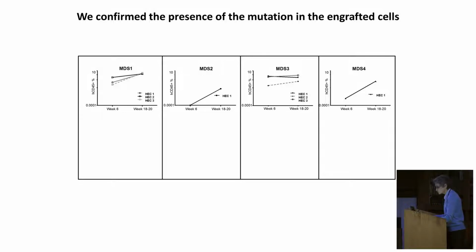I showed you they were myeloid, but that doesn't necessarily mean that they were from the malignant clones. So we did targeted sequencing of these patients, and here I just show you the SF3B1 mutations, and this is the mutant burden out of the mice. After 18 weeks in the mice, we see a similar level of mutation burden.